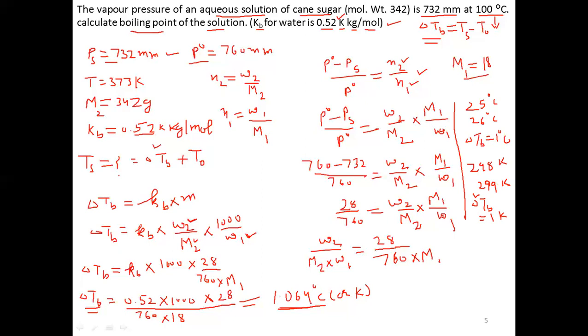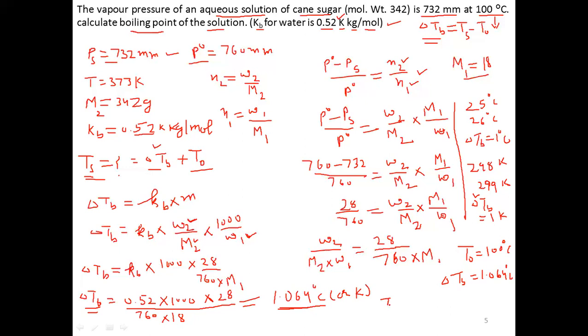It is the elevation in boiling point. We have to calculate the boiling point of the solution, which is delta TB plus T naught. T naught is 100 degrees Celsius because the boiling point of water is 100. We have calculated delta TB as 1.064 degrees Celsius.